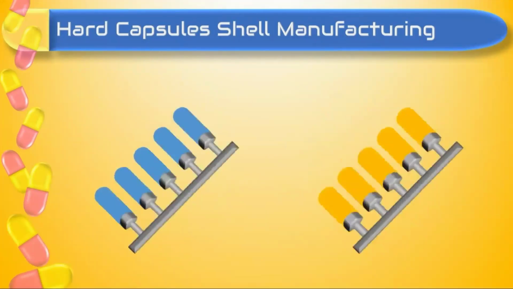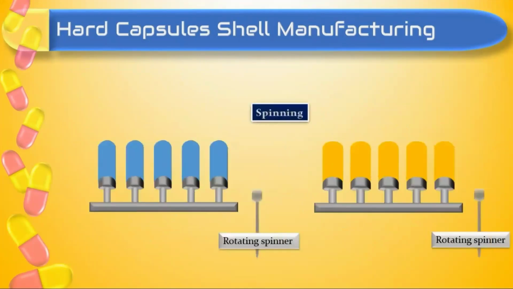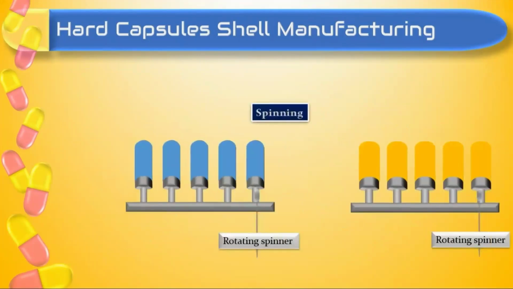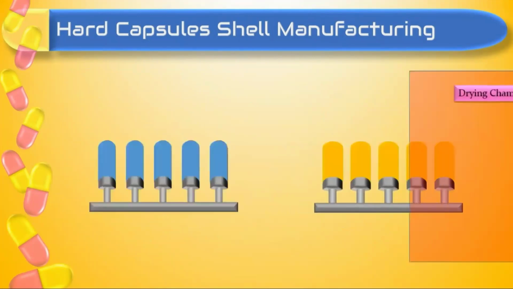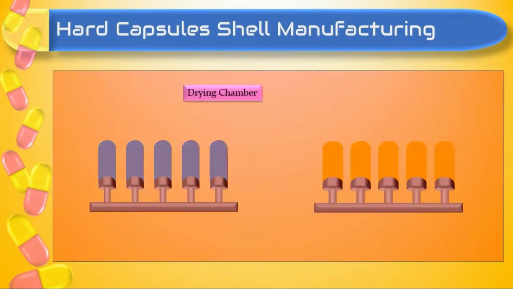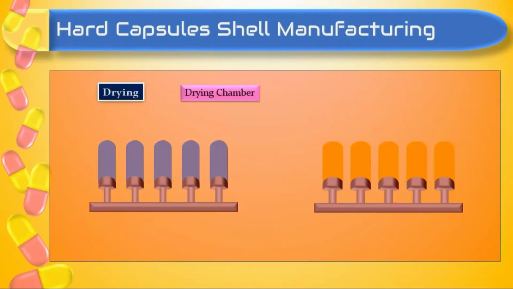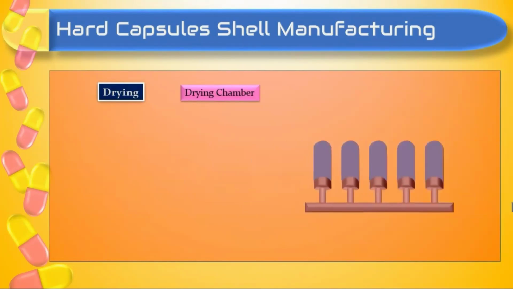See, this is how rotating is done. Then the third step is drying, sending it to the oven or drying chambers where drying of these shells takes place. So you are simply drying the capsule. After drying, in stripping, you remove them from these pins.